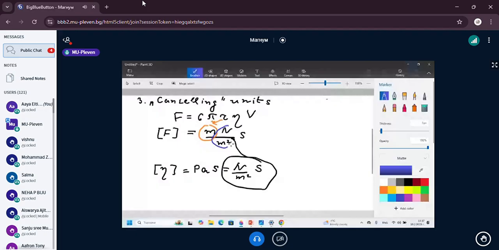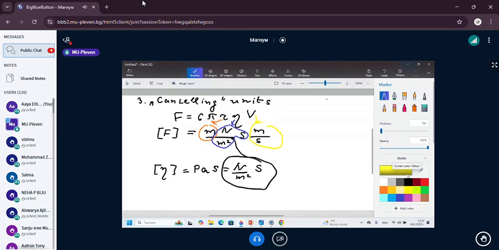This one is the unit for eta, the dynamic viscosity coefficient, and velocity, which is measured in meters per second. So this is the velocity unit.